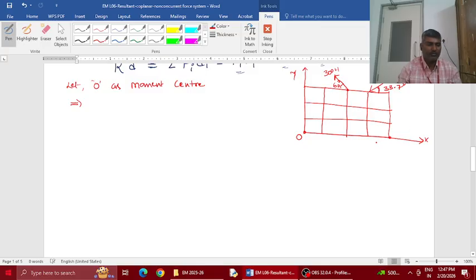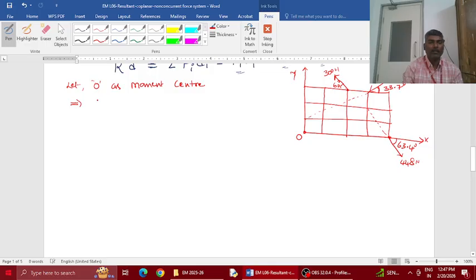Then you draw this 448 Newton force, which is at an angle of 63.4 degrees that you found. So these are all the lines of action.